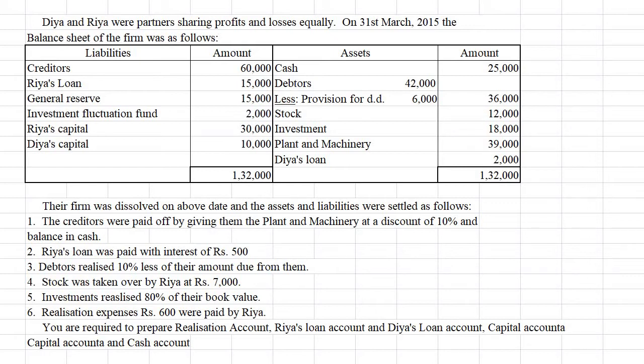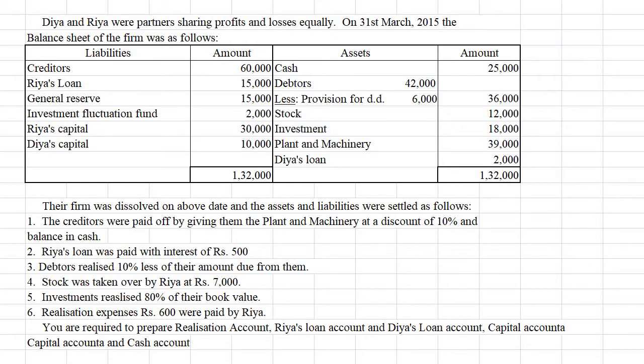Here is the question. Dia and Ria were partners sharing profits and losses equally. Their balance sheet as on 31st March 2015 is given here. On the liability side we have investment fluctuation fund and on the asset side we have investment also. Apart from that, their loan accounts are also given.